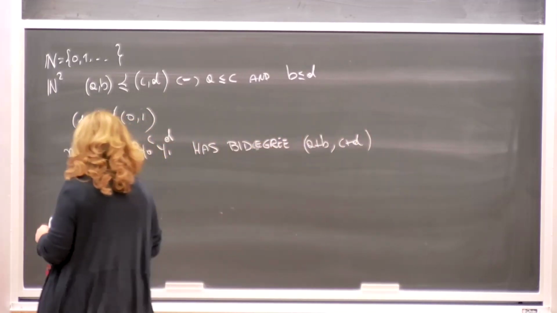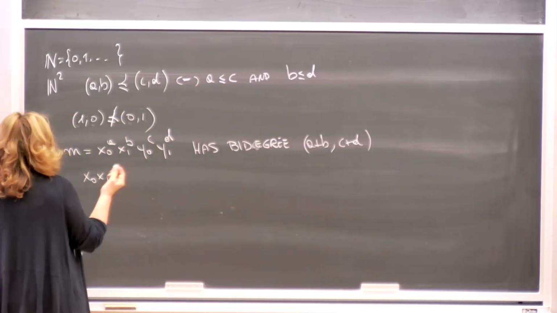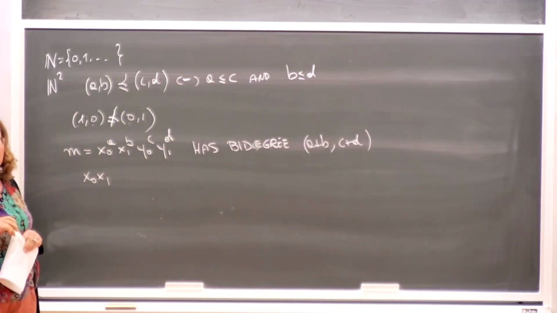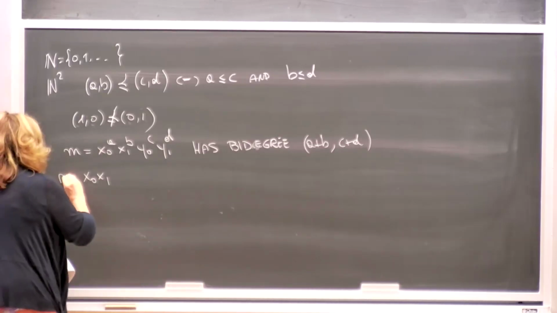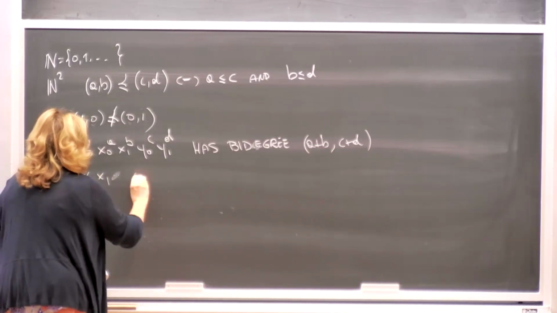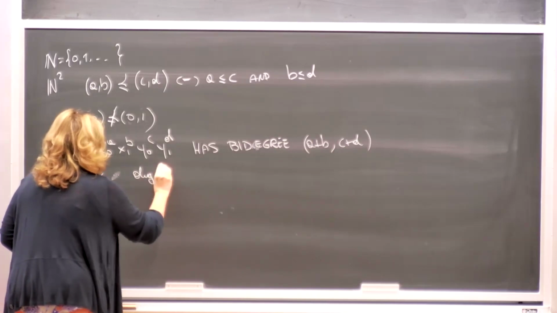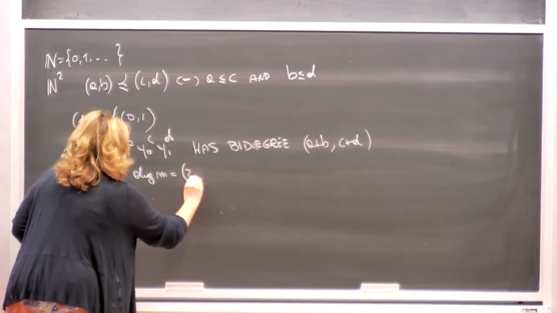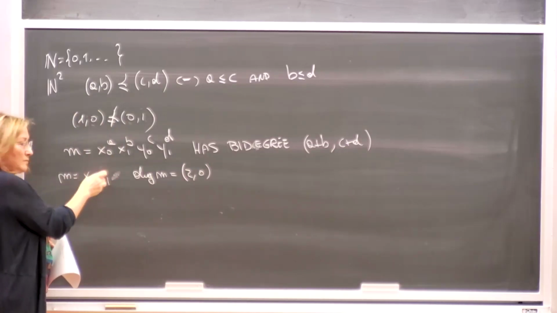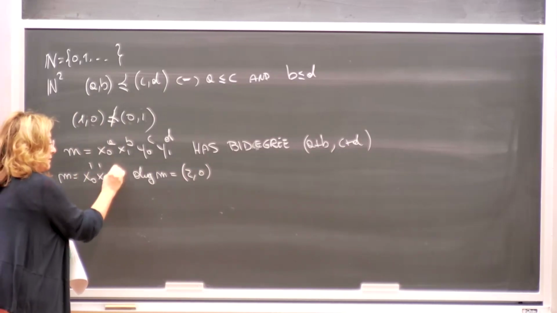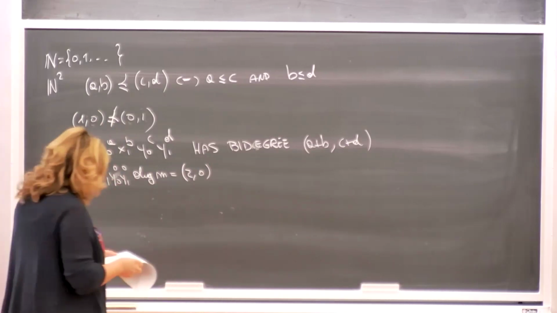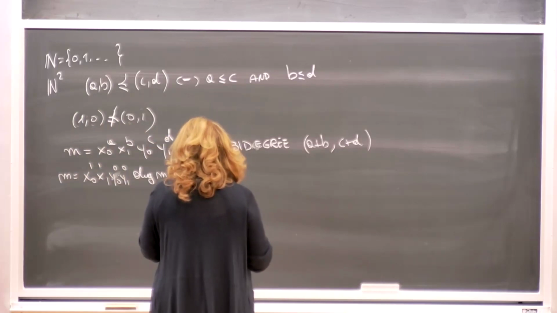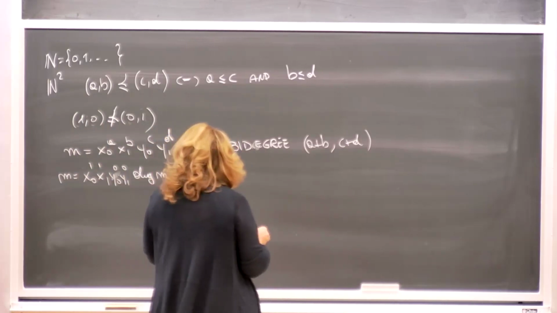For example, if I take x0 x1, what is its bidegree? It's (2, 0), because the sum is 2. In general, it has bidegree as in this one.